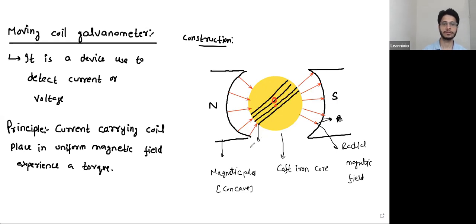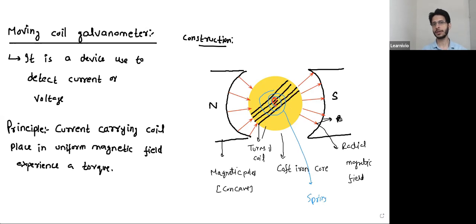This is the turns of coil. Then from this coil, we connected a spring. The wire is wrapped around this cylinder, and from one end of the wire I connected a spring. This blue color shows the spring.